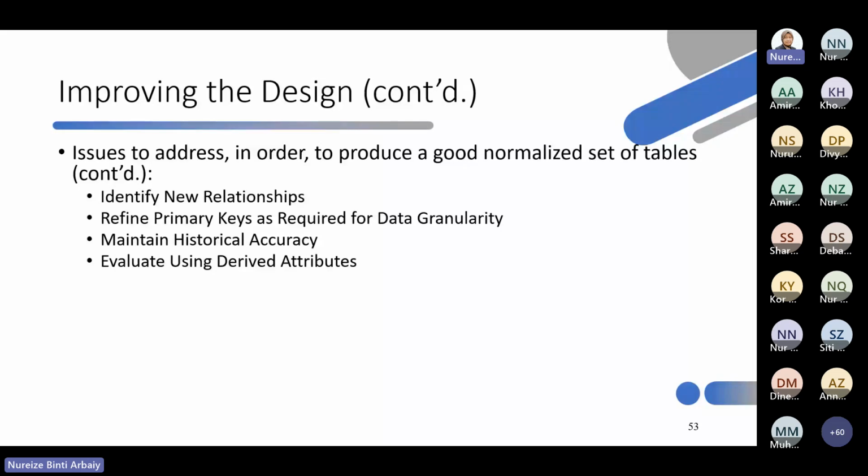They have an assignment, right? There is a new relationship, the assignment table. Refine primary keys as required for data granularity. Then maintain historical accuracy. Evaluate using derived attributes. So this is how we improve the database design using normalization.